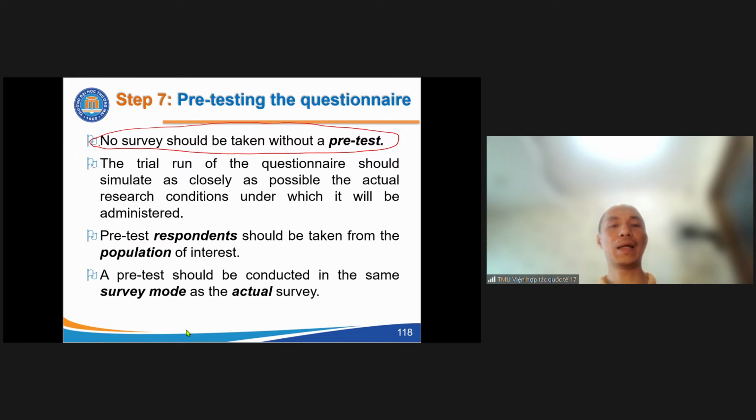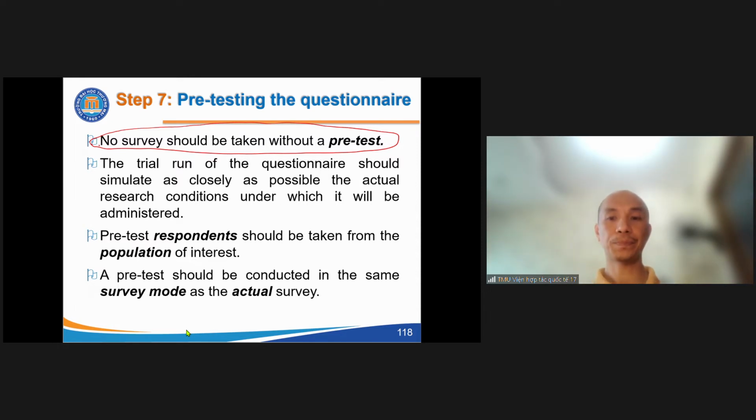And try to think about the respondents for the pretest, because we can't send it to just anybody. We try to choose a suitable group to send the pretest. Otherwise, they may not understand, because the questionnaire is not suitable for them. So we must choose suitable respondents for the pretest.